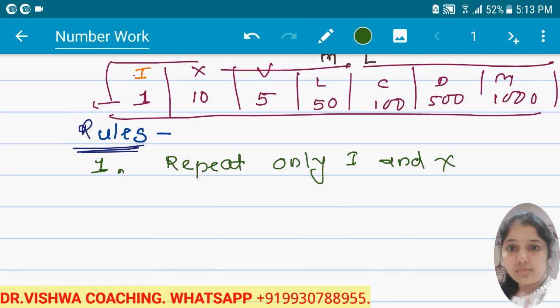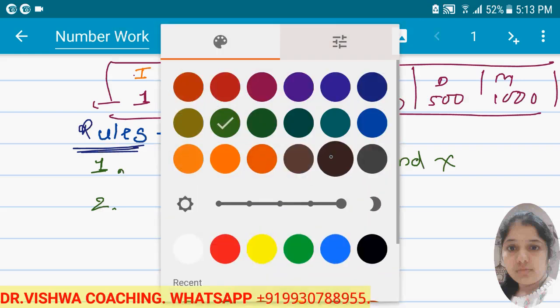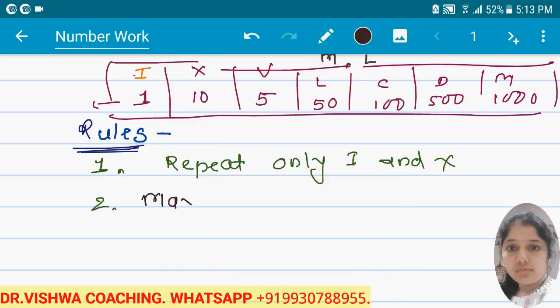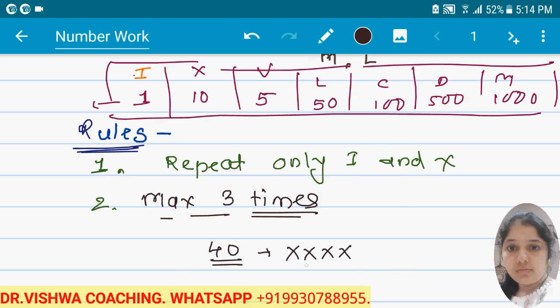While repeating I and X, the second rule is we can repeat it a maximum of 3 times, not more than 3 times. Means if you want to write number 40 in Roman numerals, you cannot write 4X.